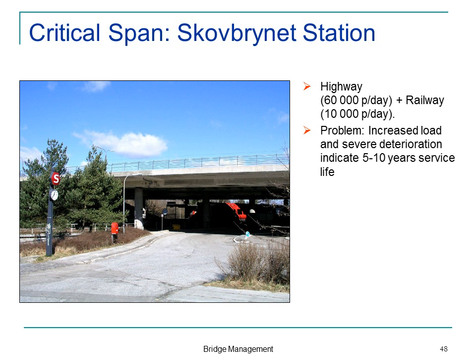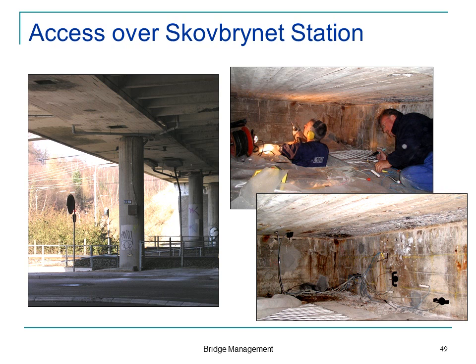Okay, the critical span. Of course it turned out that the critical part of the structure was the superstructure. And the longest span was, of course, over the railway. The most inconvenient spot. If you look at this, you will see that part of the concrete has simply fallen off because it's so water saturated that it freezes during the winter.